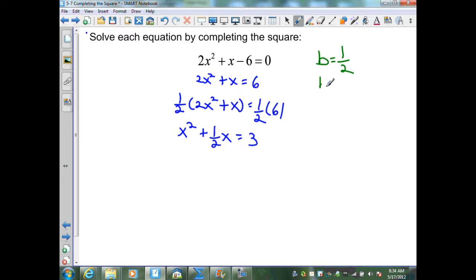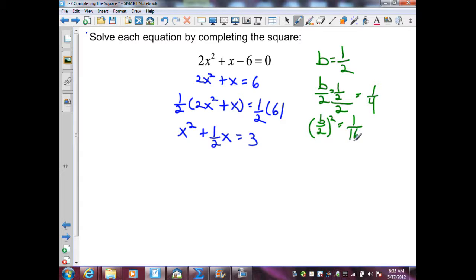I need b over 2, which is equal to 1/2 divided by 2, which means I'm going to take 1/2 times 1/2, which is 1/4. And then I need b over 2 squared. And that's going to give me 1/16. So I'm going to add that to both sides of my equation to balance the equation.